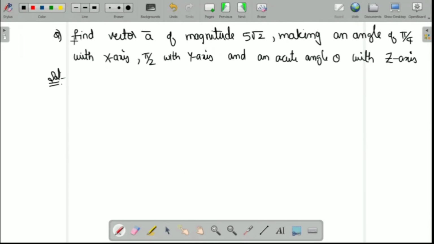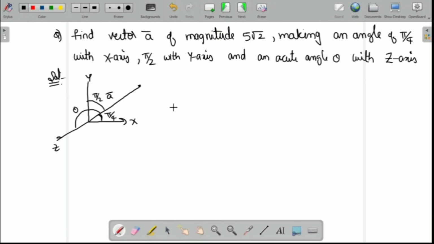Next, find the vector a bar whose magnitude is 5 times root 2, making an angle of pi by 4. Okay, here let us consider this is the x axis, y axis and z axis. Here a bar is a vector making an angle with respect to the x axis of pi by 4, with respect to the y axis of pi by 2, with respect to the z axis of theta.